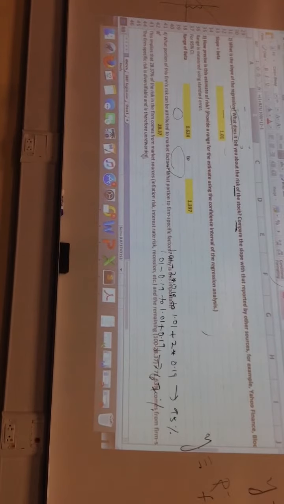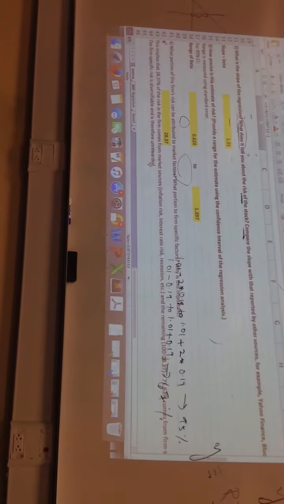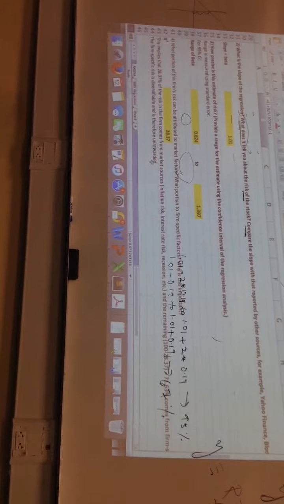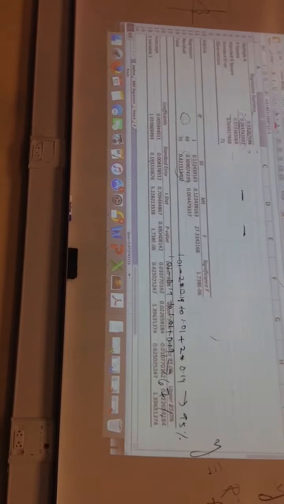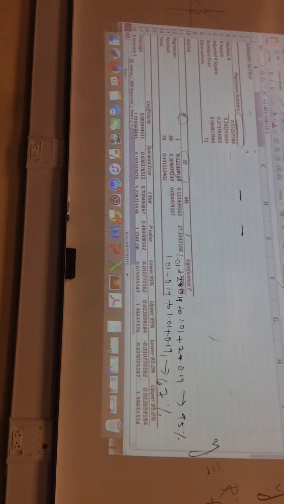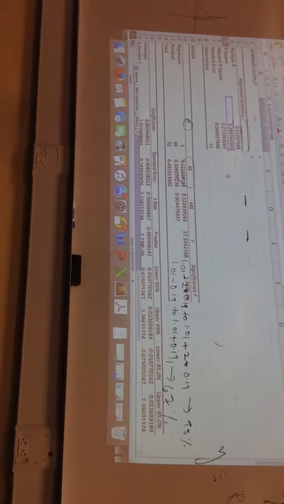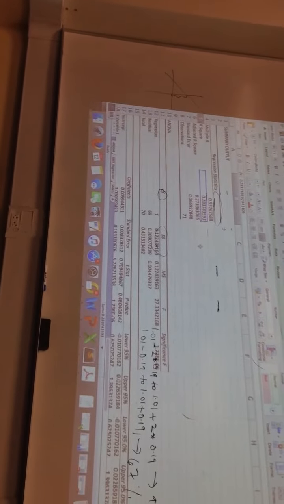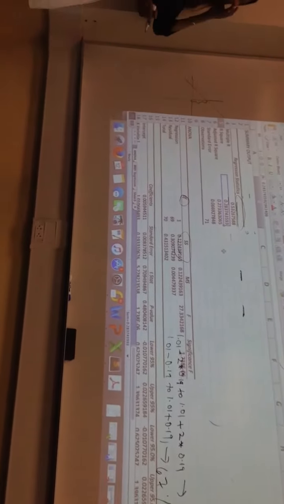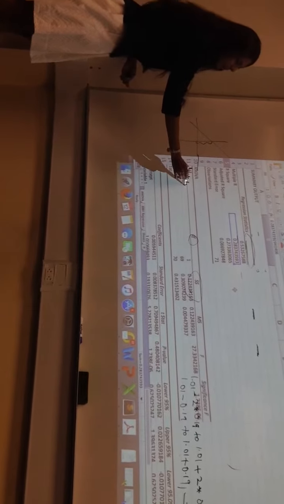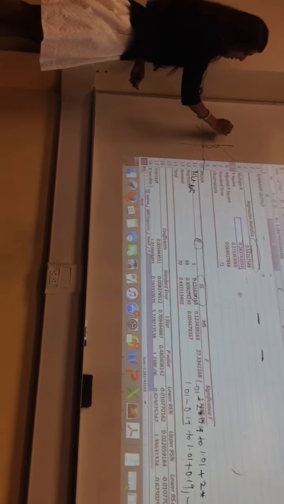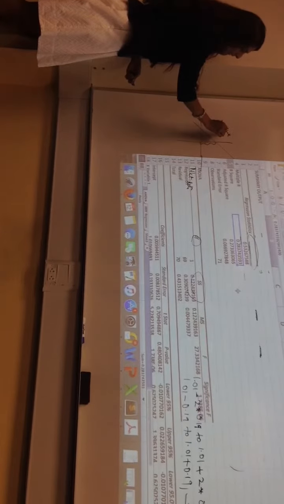The next thing is what portion of the firm's risk can be attributed to market factors and what portion to firm-specific factors. So remember, our R squared here is 0.2837. So that means 28.37%. What is this regression telling us? We have market data on the x-axis and stock data on the y-axis.